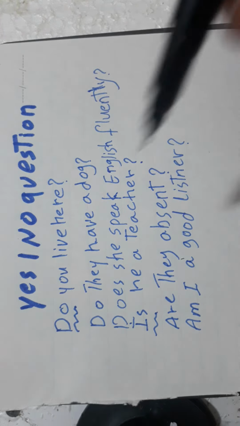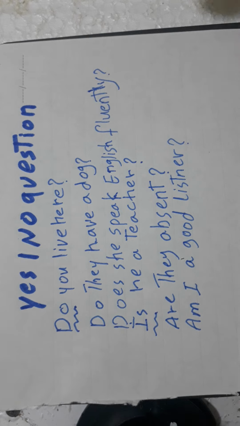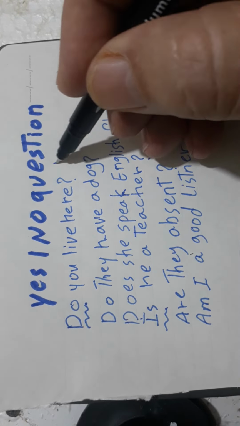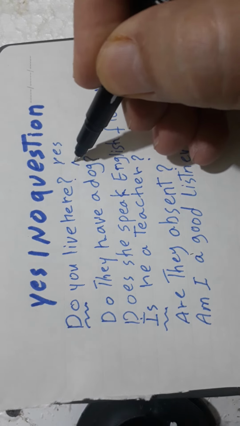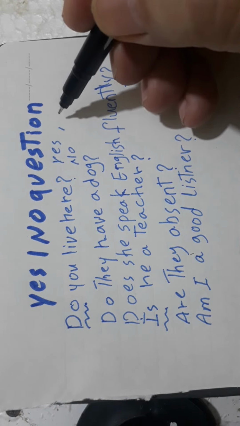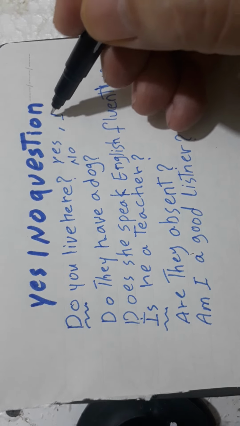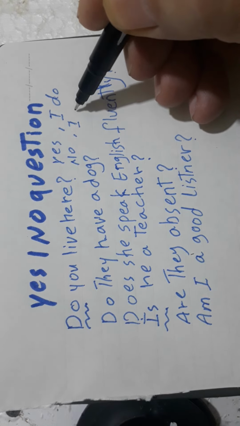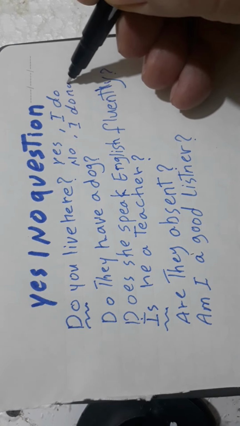Look, here we are not asking to know the place or the subject or the time of the action. We just want to make sure whether the action has happened or not. And so the expected answer, do you live here, is either yes or no. For instance, yes, I do, or no, I do not. And that's all.